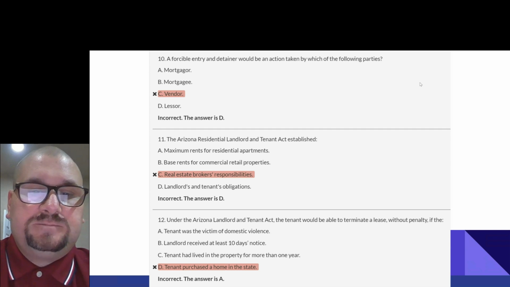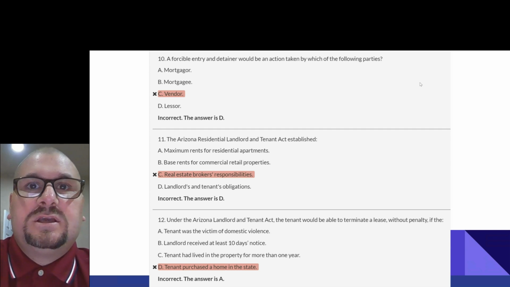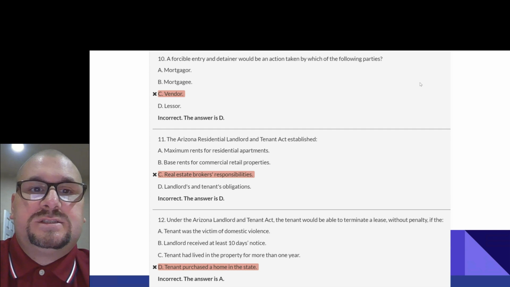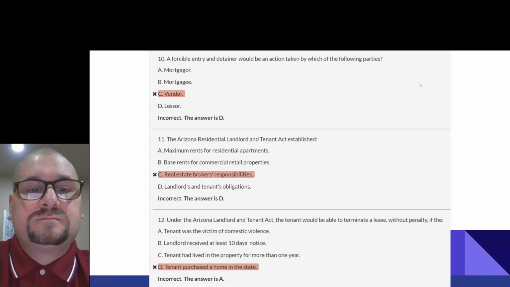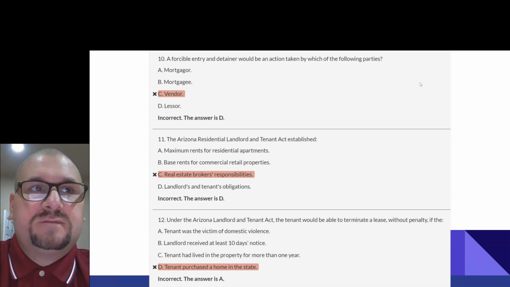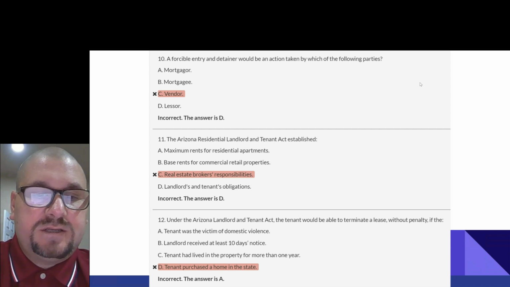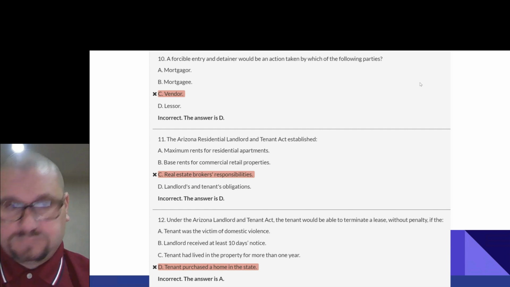You can end that lease if there's domestic violence, and you don't have to pay a penalty. Any type of domestic violence, you can always end the lease without any penalty. If the landlord received at least 10-day notice? No. Tenant has lived in the property for more than 1 year? No. Tenant purchased a home in the state? No.